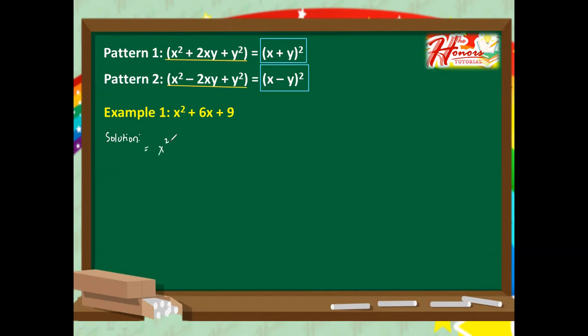So that is x squared plus 6x plus 9. And then for x squared, kindly get the square root of it, and the square root of positive 9. So square root of x squared is x.